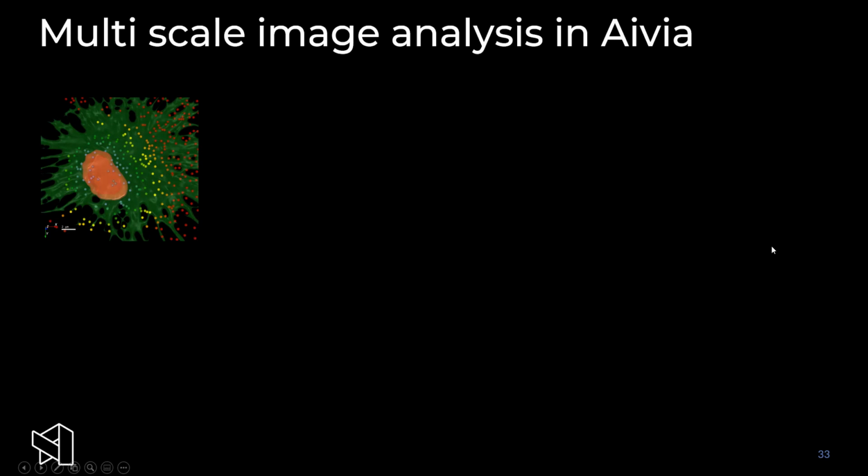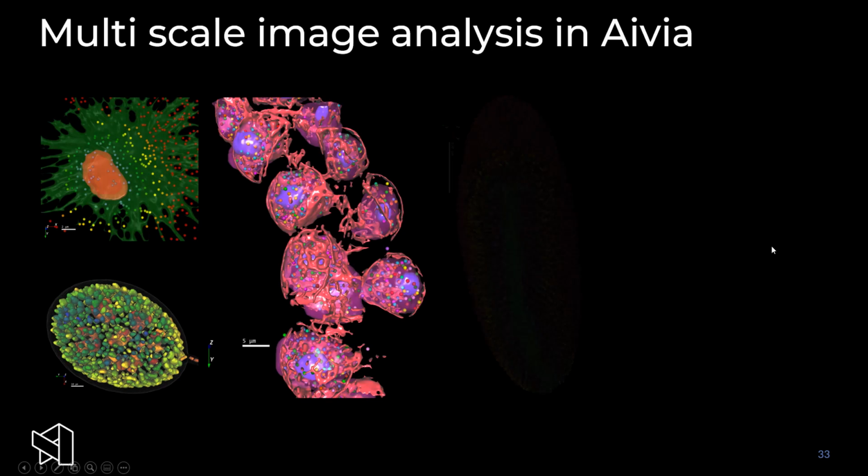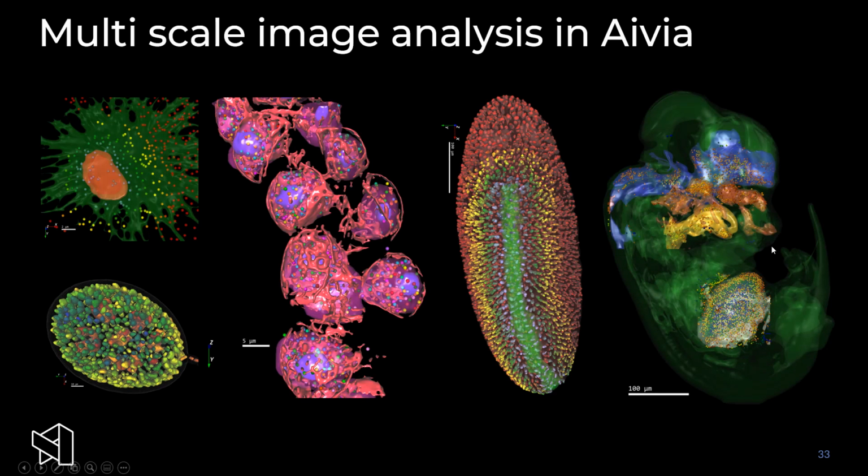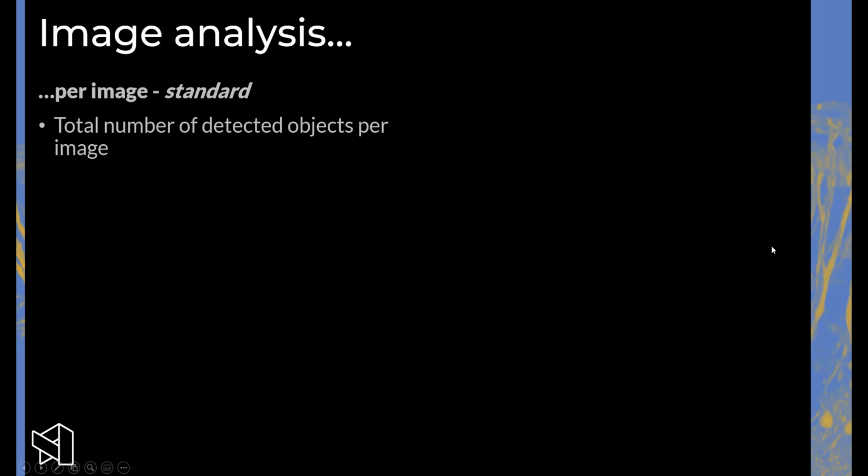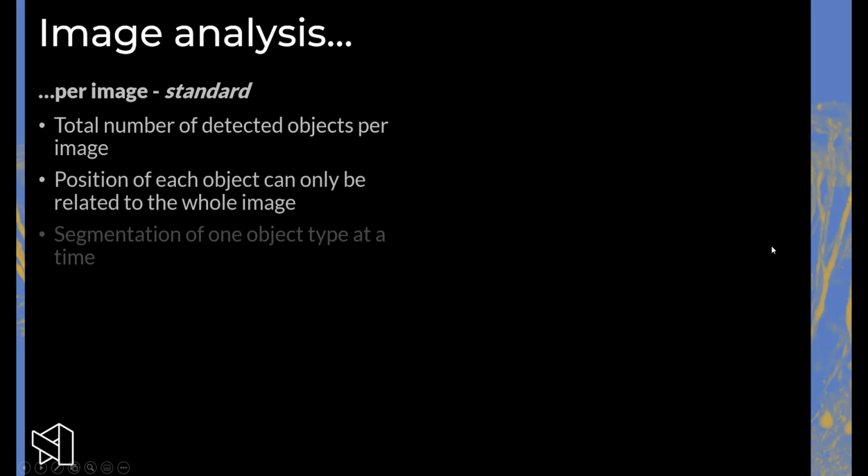We have also expanded our 3D cell analysis or multiscale image analysis in Aivia. A few months ago I was introducing you to the 3D cell analysis, and these are some images from that launch for 9.0. These are all 3D examples, but still very relevant.